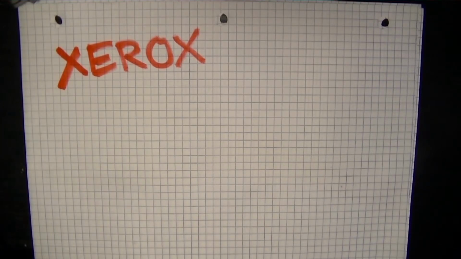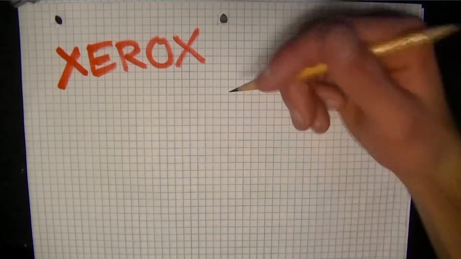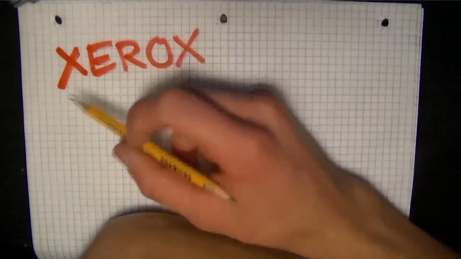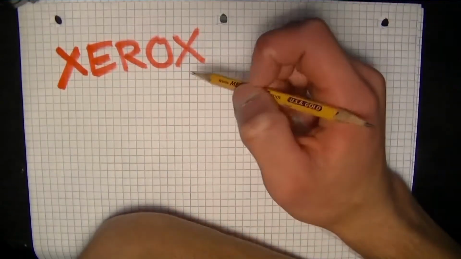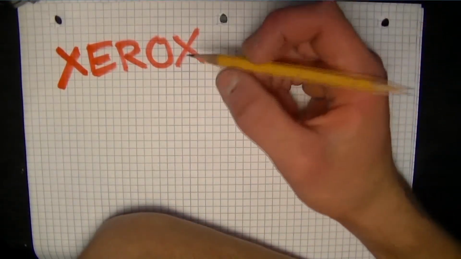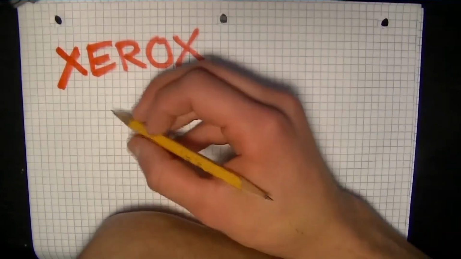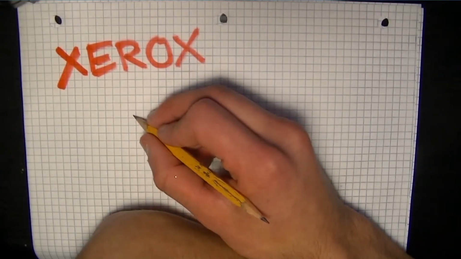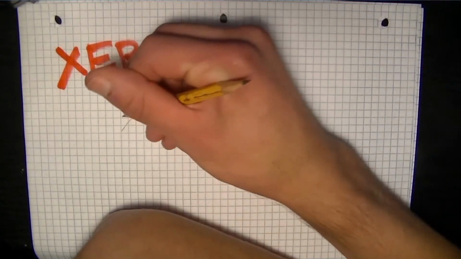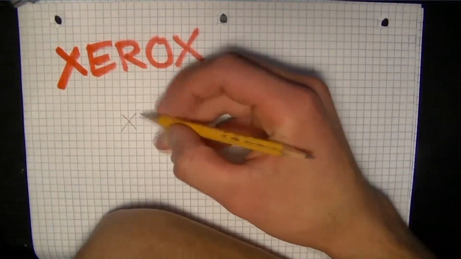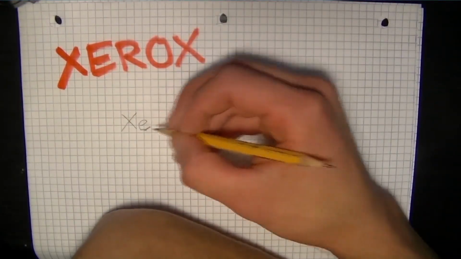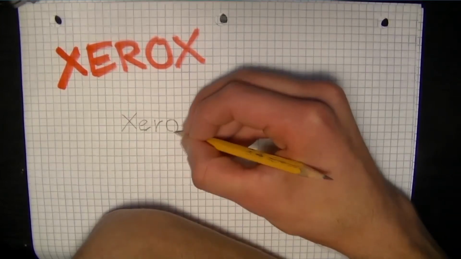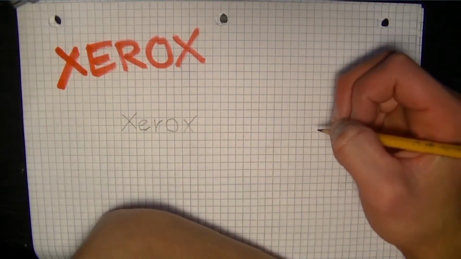As we can see, one thing you want to keep in mind when we're doing this is thickness, bold letters are better, as we did with the marker. So when we write it, let's just write it normally to start with. So X, E, R, O, X. Like that.